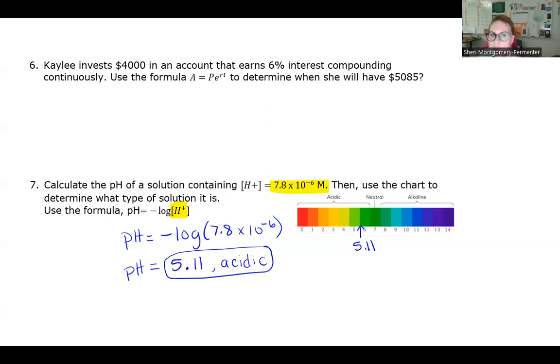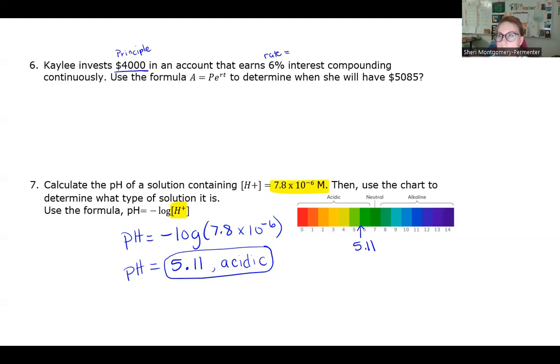The problem above it, we do have to do a little solving. It says Kaylee invests $4,000 into an account. The amount that you invest, that is your principal. It earns 6% interest. So this is your rate. And more specifically, your rate has to be a decimal.